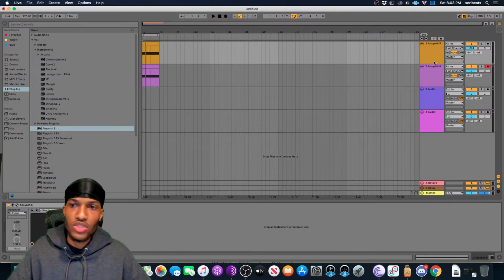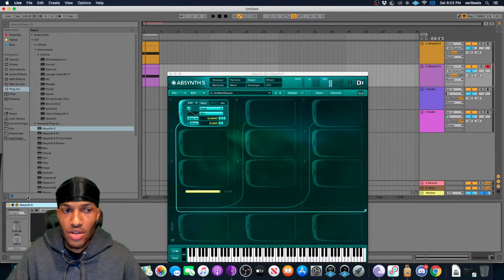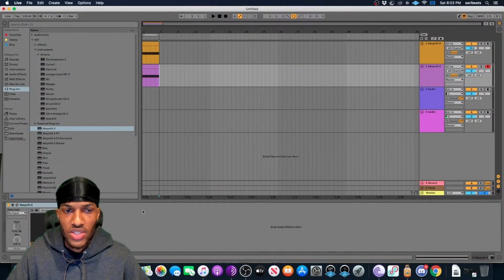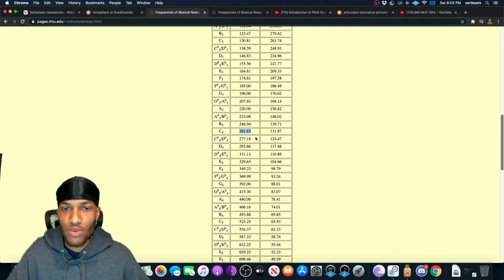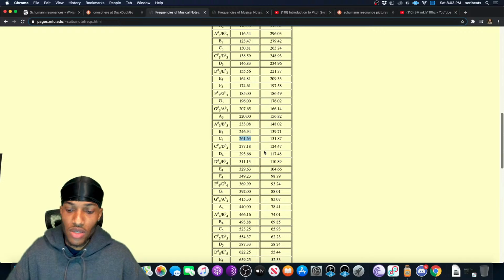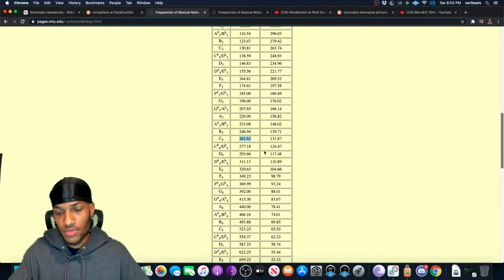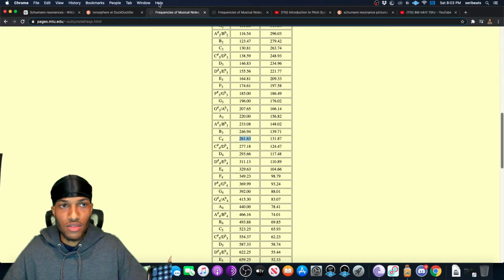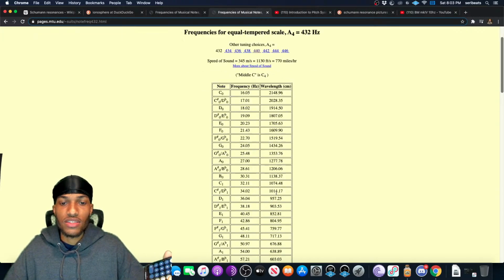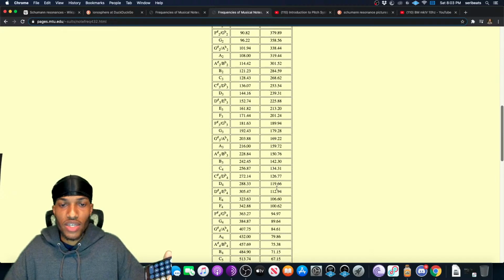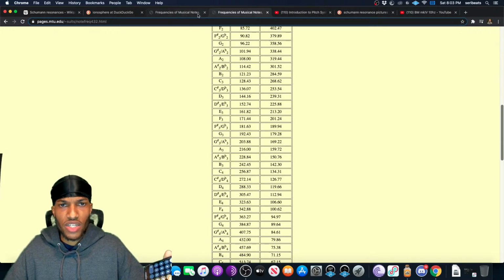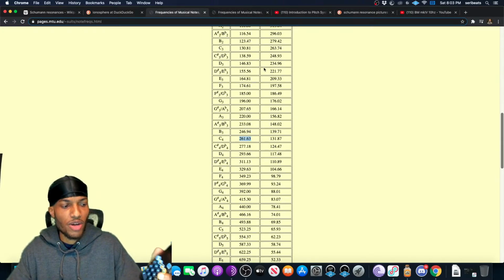So if we want to tune our music to the right frequency, we need to see what's the right hertz instead of 440. I'm just gonna do the math real quick. This is just numbers, so if it's complicated and you don't want to think about math too much, you don't have to.